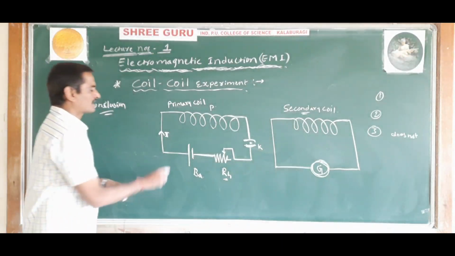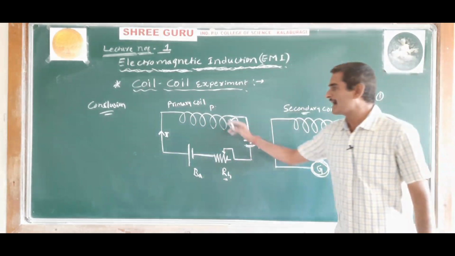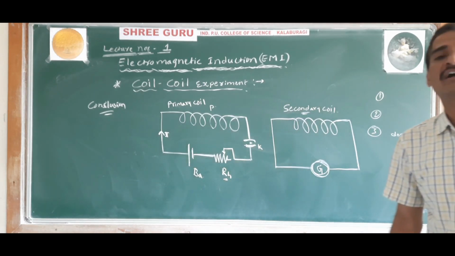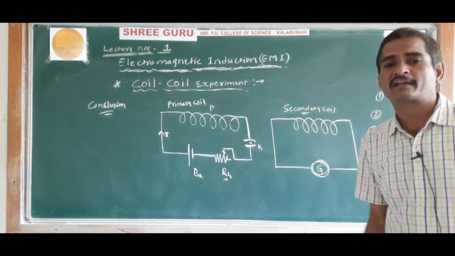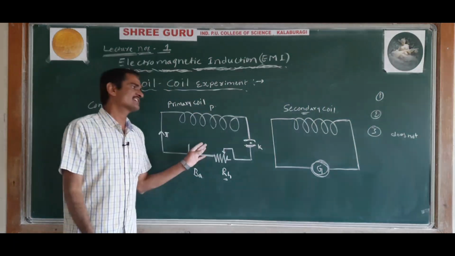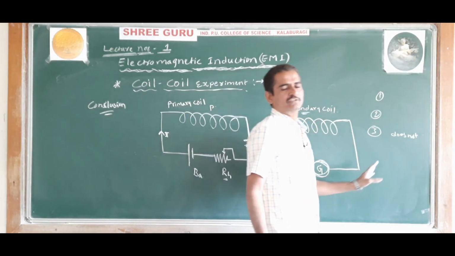So when the current in the primary coil is increased or decreased, then the magnetic flux linked with the coil will also increase or decrease. That is, there will be a change in the magnetic flux. So the change in the magnetic flux induces an EMF, hence the galvanometer shows the deflection.